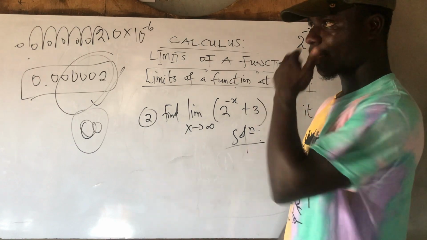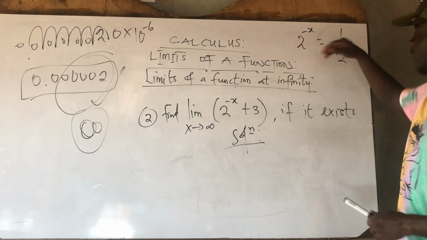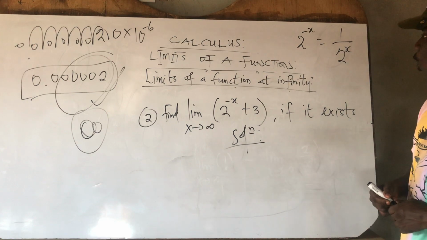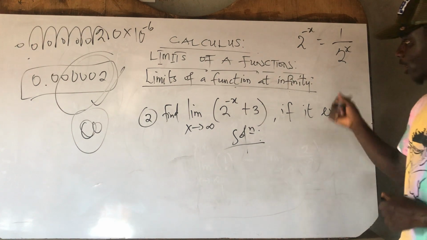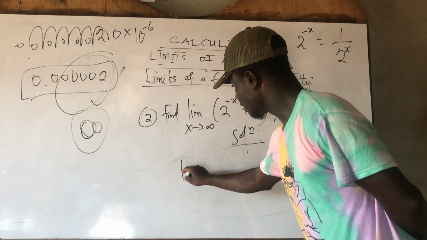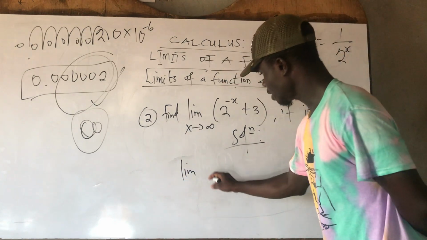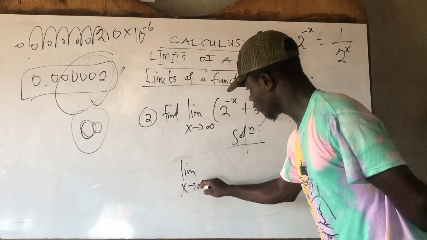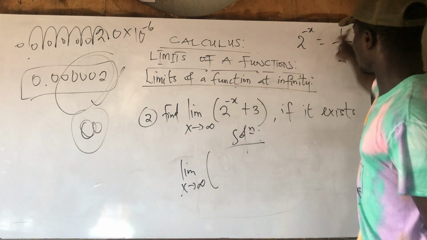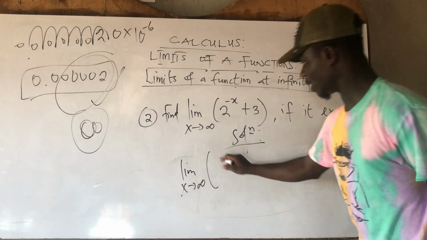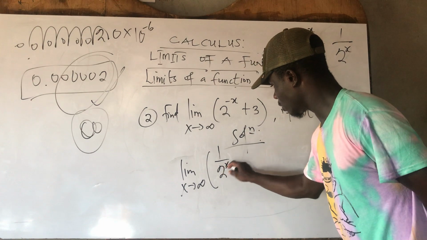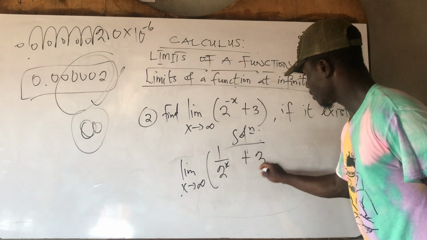So 2 to the power negative x is the same thing as 1 on 2 to the power x. So you can take it as the limit as x approaches infinity of, in place of that, I put in 1 on 2 to the power x, then plus 3.